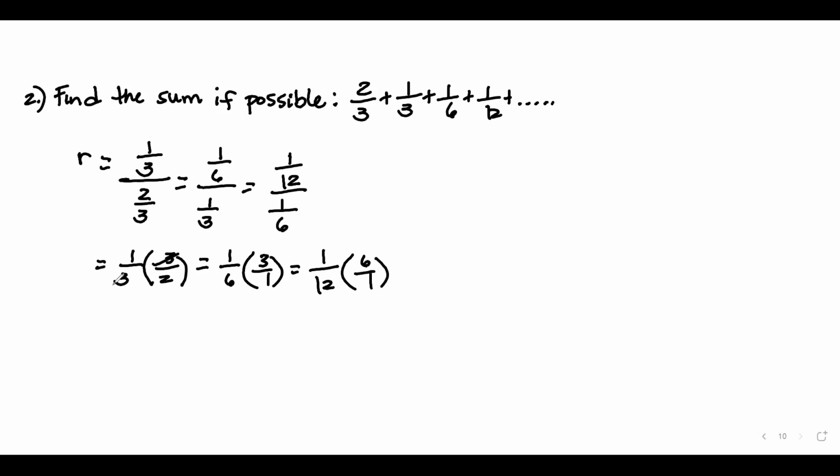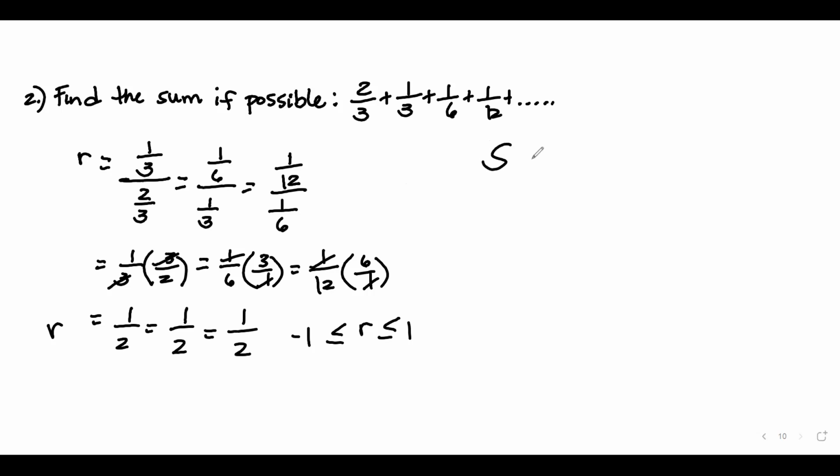So we will have 1/2. 3/6 simplifies to half. 6/12 simplifies to half. So the common ratio is 1/2. Again, our r is between -1 and 1. So therefore, we can find the sum.